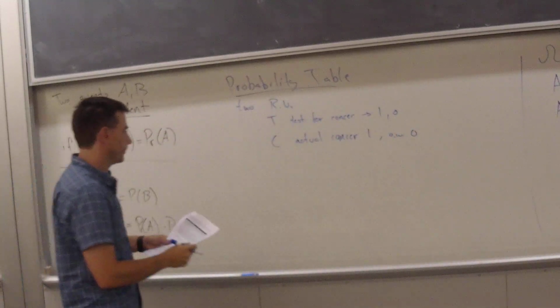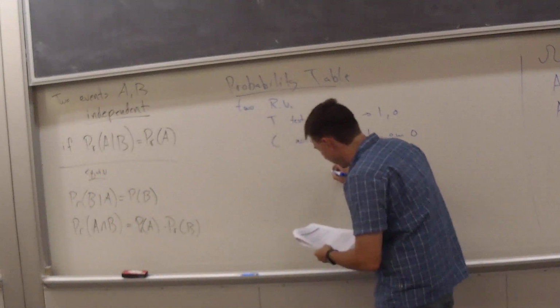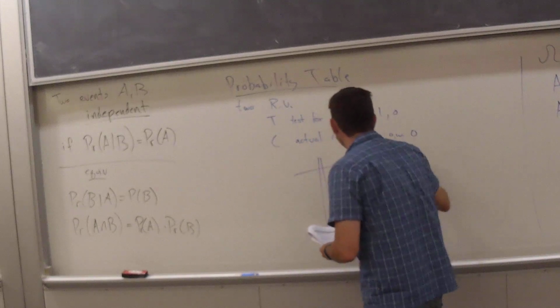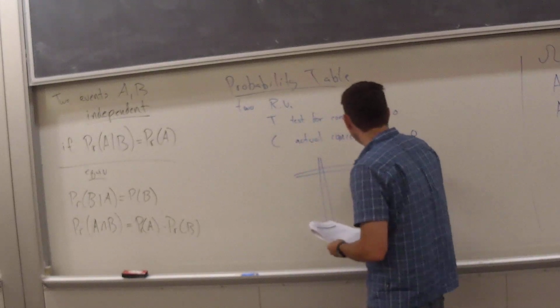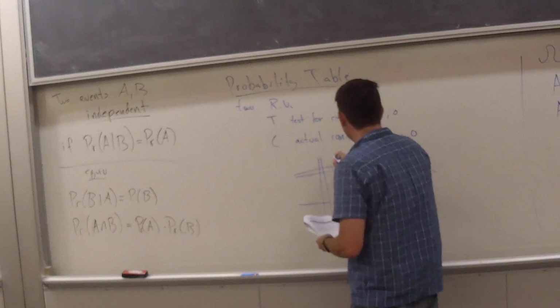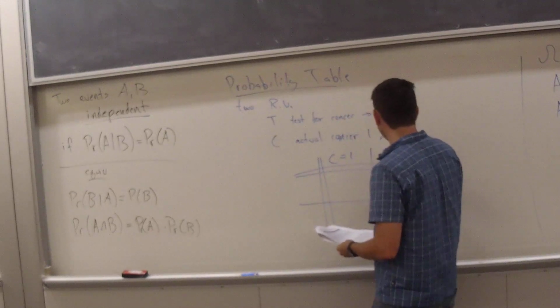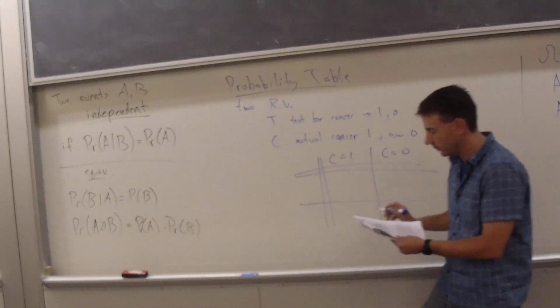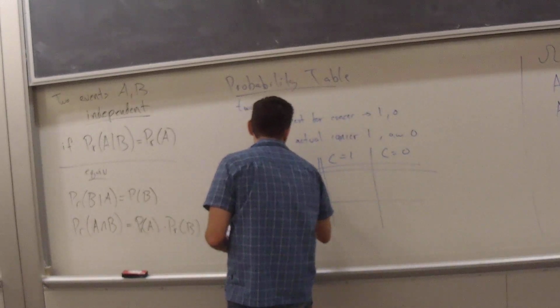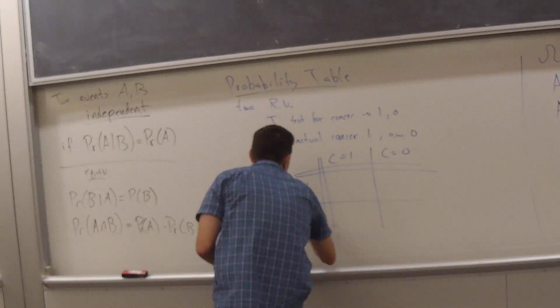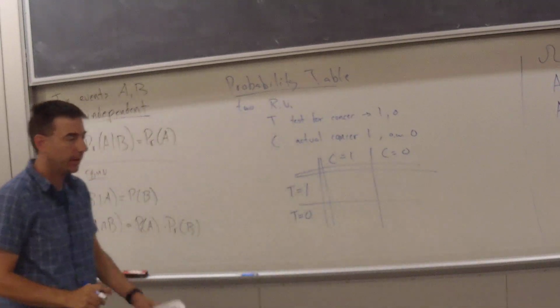Okay, so you can then draw this in a table where you say, okay, we'll say C equals 1, there's actual cancer, and C equals 0, I don't have cancer, but then I do a test, T equals 1, the test is positive, T equals 0, the test is negative.